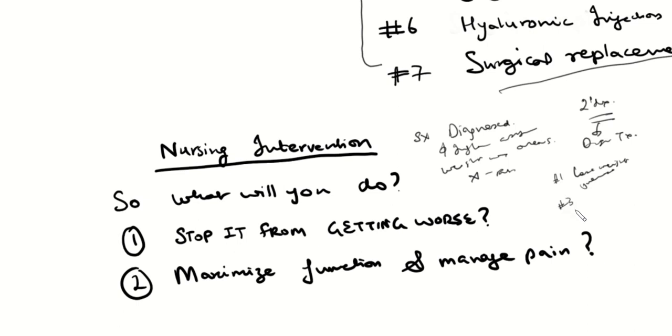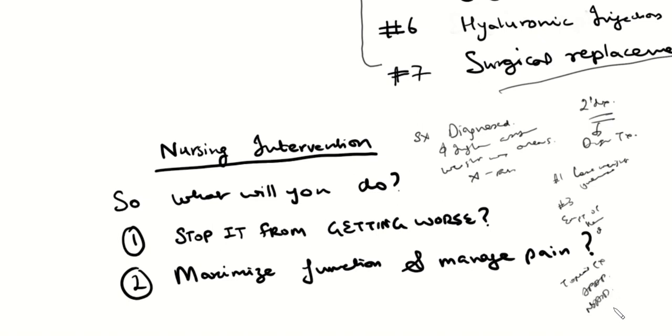And then last but not the least, how can I maximize their function and minimize pain? Exercise, PT, OT, heat and cold therapy. I'm going to use some insoles, some assistive devices like a cane so that they can function. And then with meds, topical treatment followed by Tylenol, which is first line, followed by NSAID.